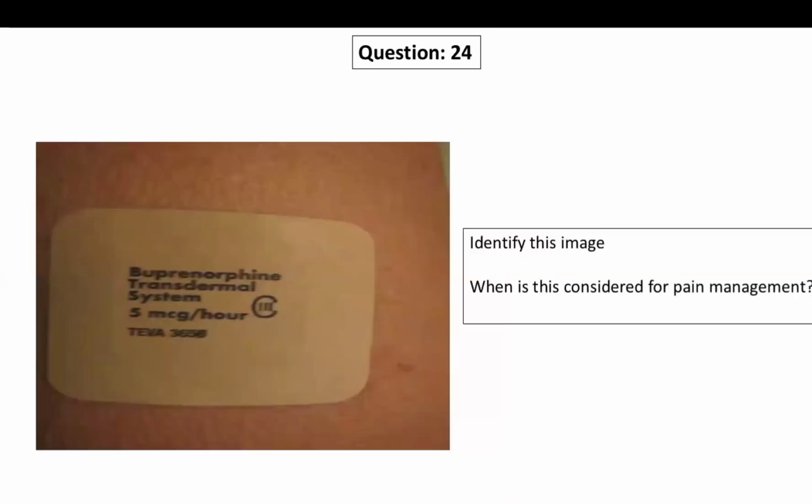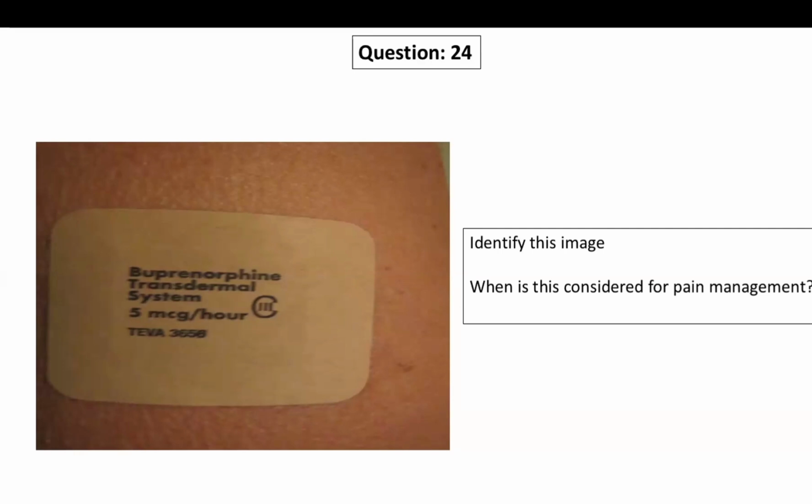Coming to this image, can you describe this image? This is a buprenorphine transdermal patch. Okay. So when do we consider this patch in case of pain management? When the patient presents with moderate to severe pain which is not controlled by tablet opioids, or if the patient has renal dysfunction where we could not give the analgesics for a longer period of time.